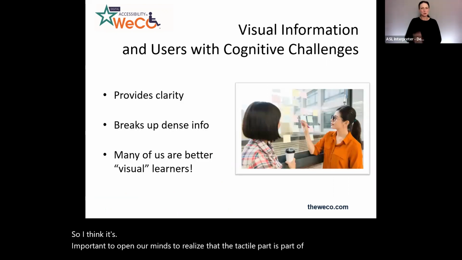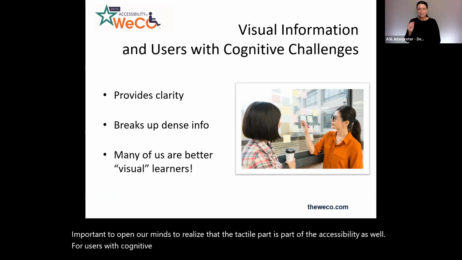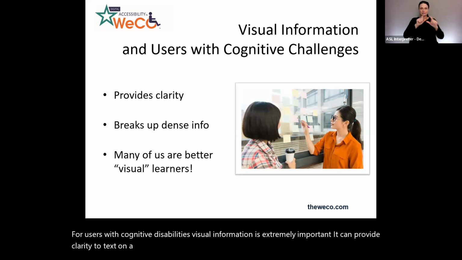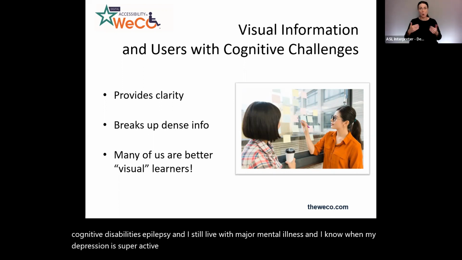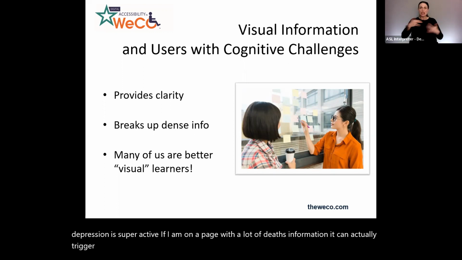For users with cognitive disabilities, visual information is extremely important. It can provide clarity to text on a page and break up dense information visually. I was born with two cognitive disabilities, epilepsy, and I still live with major mental illness. I know when my depression is super active, if I am on a page with a lot of dense information, it can actually trigger an anxiety attack for me.